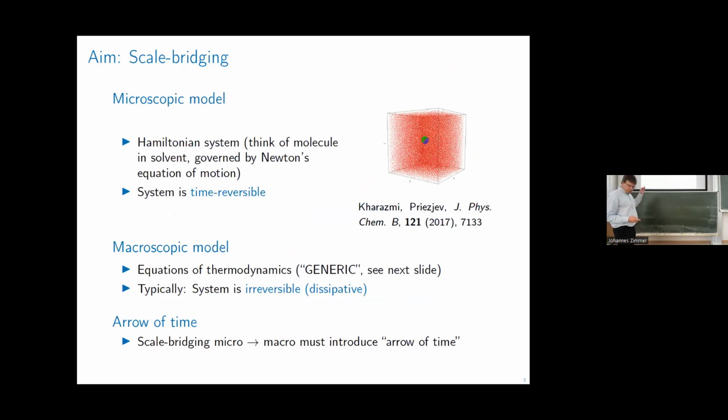So there are 2 systems. I want to go from a microscopic model to a macroscopic one. The microscopic one is a Hamiltonian model. So think, for example, of a molecule, like here this molecule immersed in many particles of a solvent like water. So very high dimensional, Hamiltonian, and time reversible.